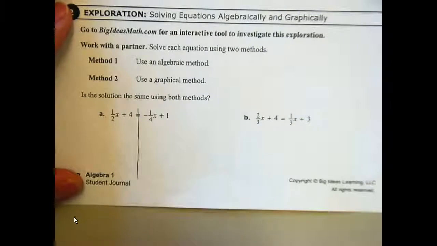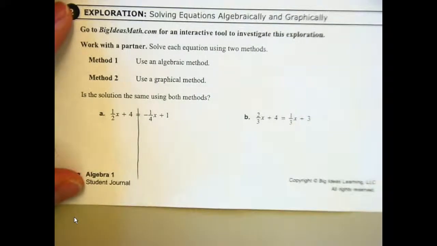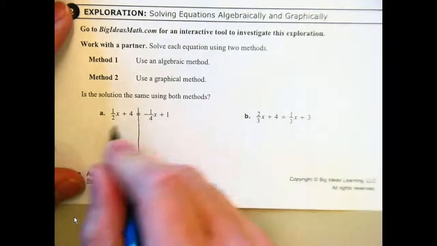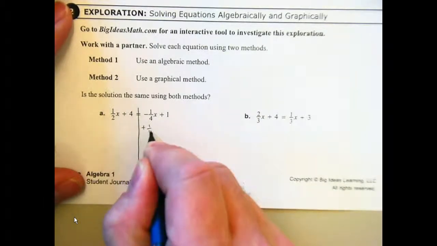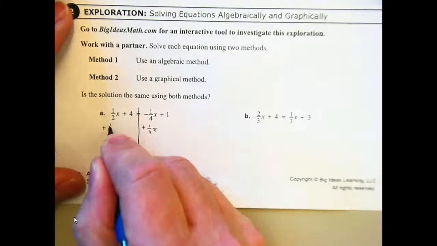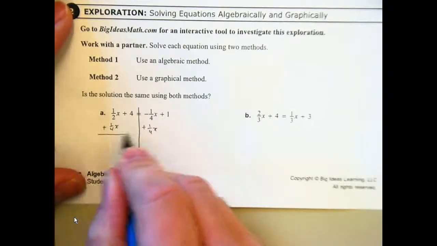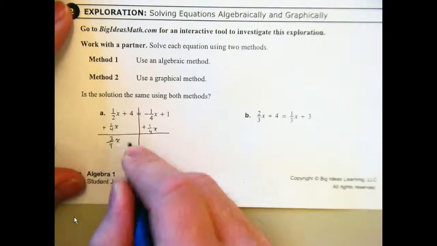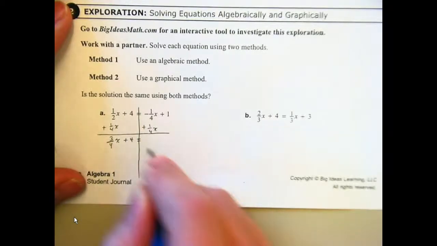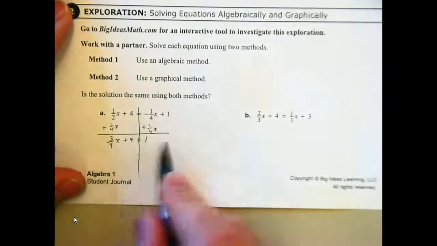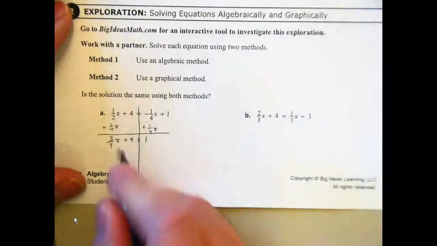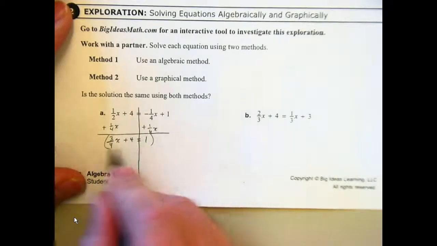The goal is to collect the variables on the same side, so I am going to bring this 1/4 over by adding 1/4 x to both sides. That gives me 3/4 x plus 4 equals 1. I can get rid of the fraction by multiplying everything by 4. Multiply this side by 4 and that side.